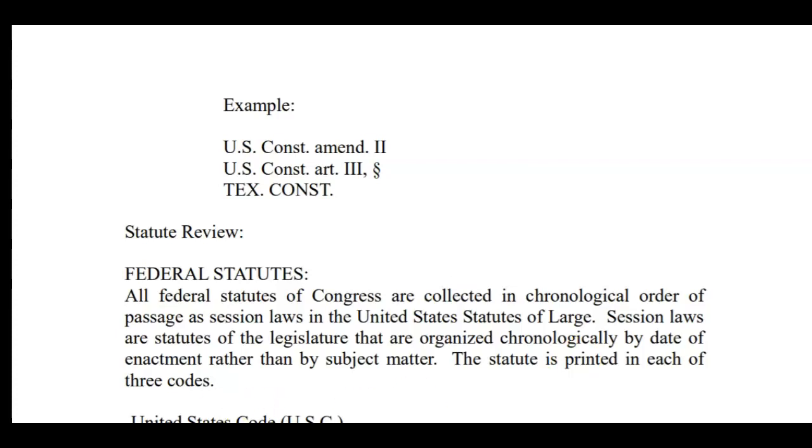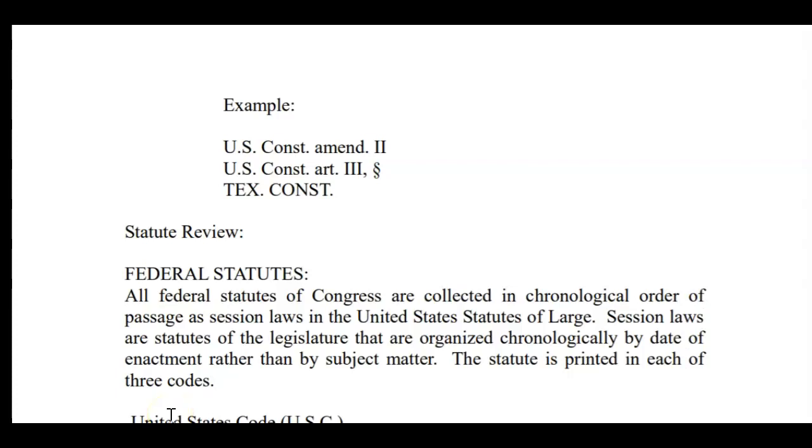Element A, the name of the Constitution. The name consists of the abbreviation of the jurisdiction, like the U.S. for United States, NY for New York, and then what do you add? The abbreviation for Constitution.